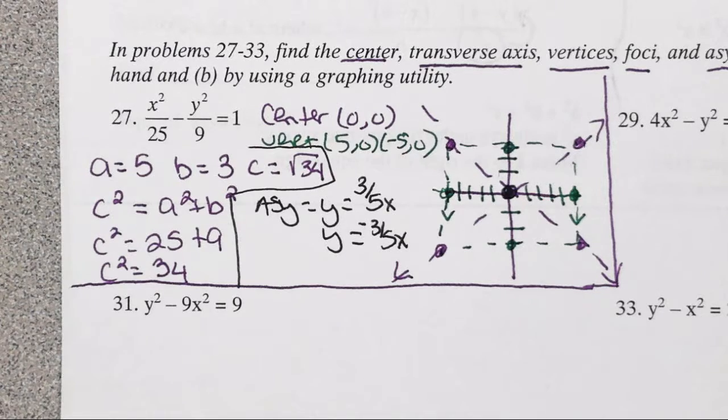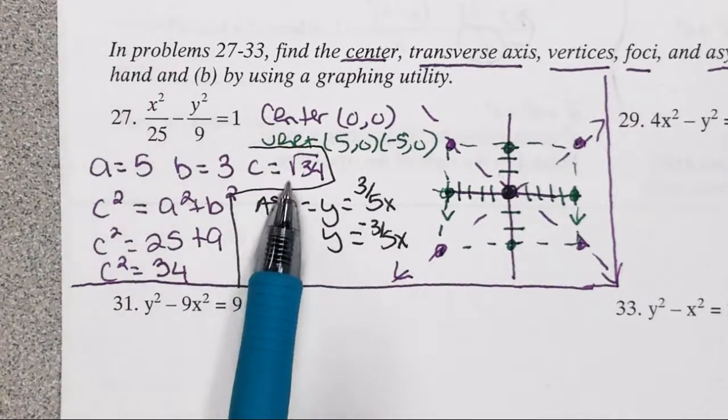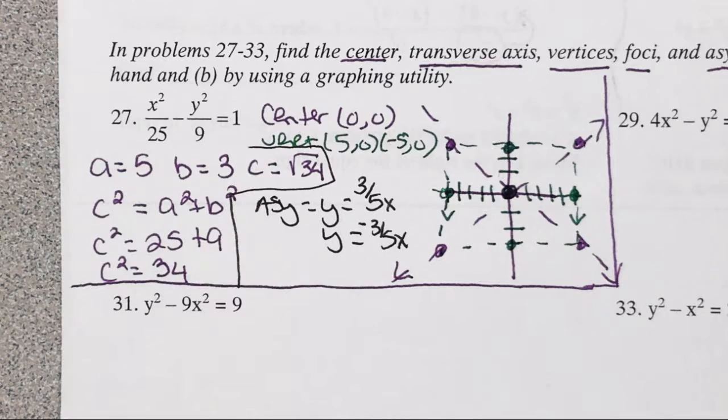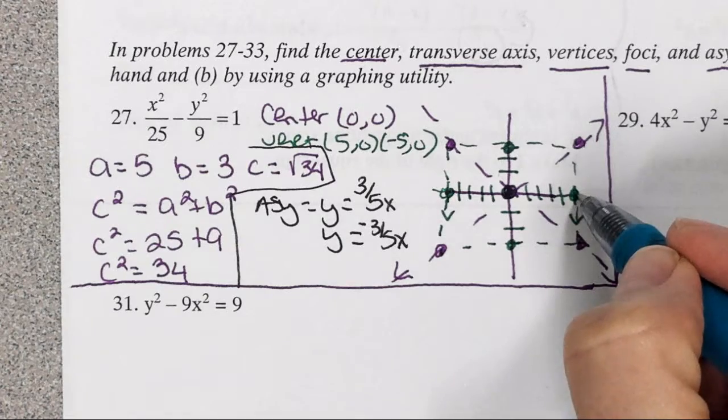Okay, so I've graphed the A, I've graphed the B, I've graphed the C. What have I not graphed? Sorry, I didn't graph the focus. Now your focus is going to go square root of 34. What is square root of 34 close to? 6. Yeah, it's a little less than 6, right? So I went to the right 5.